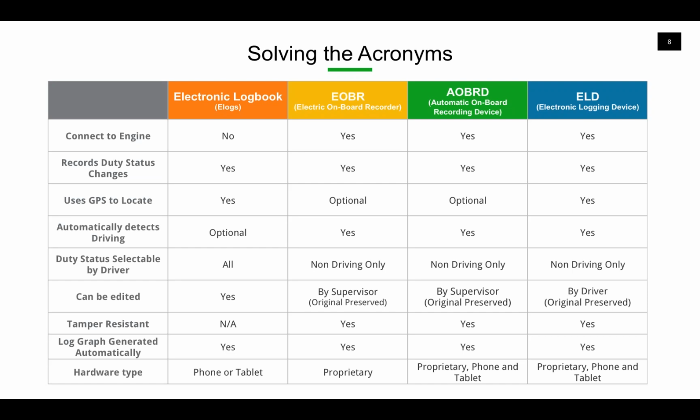So AOBRD is the type of engine connected device that was used before ELD was published. That's what most of the current systems out there right now still are. So it's important to know these differences so that people aren't using just an electronic logbook like BigRoad without the engine connection and thinking that that is going to be sufficient to have them in compliance with the ELD mandate.